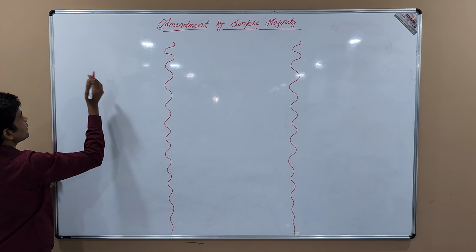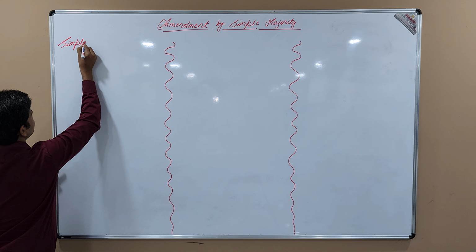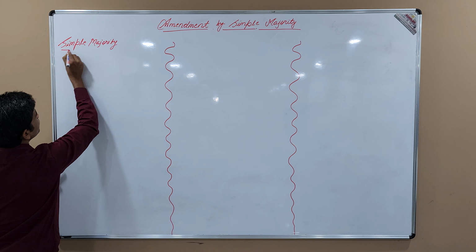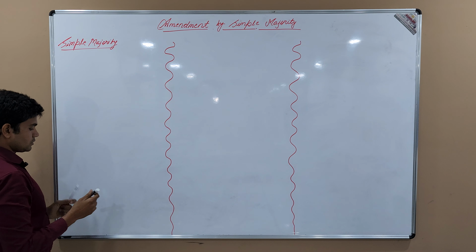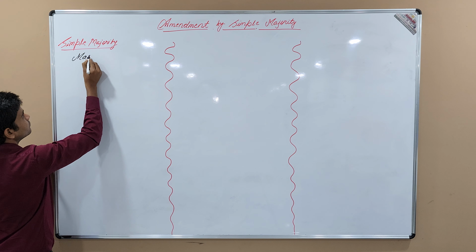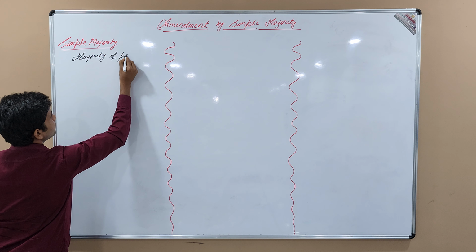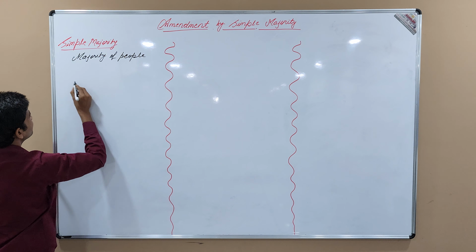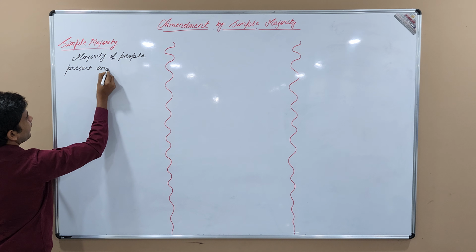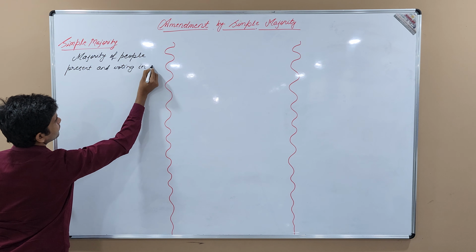So let's first deal with the definition of simple majority. What is simple majority? Simple majority is the majority of people present and voting in a house.